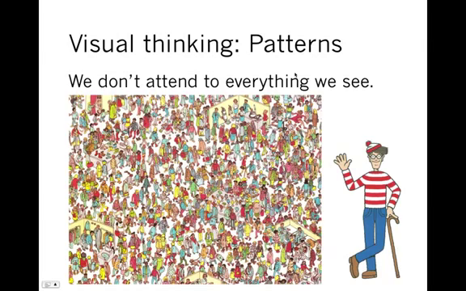So for example, you see this busy graph with so many people in this graph, and it's really hard to pay attention to every human being depicted in this graph, right? Again, it's really hard to detect any patterns in this case.